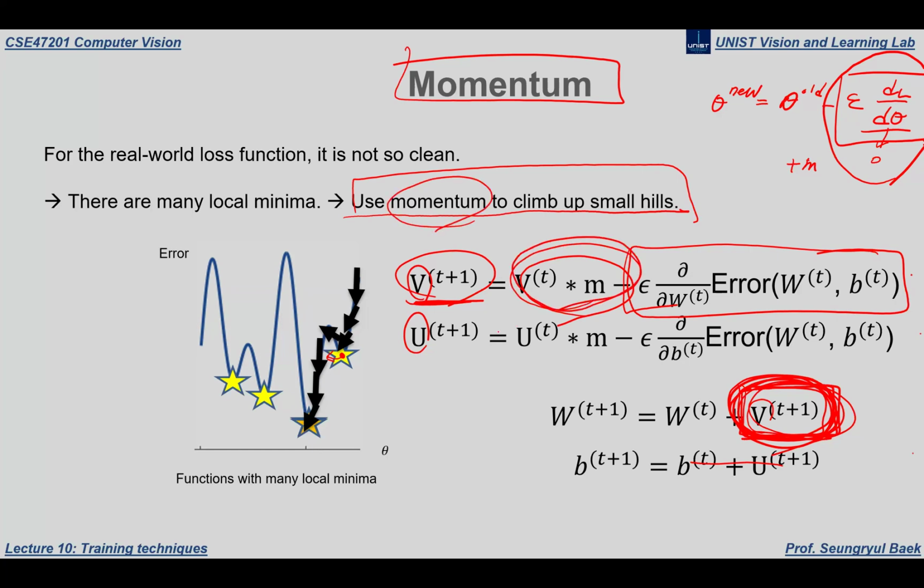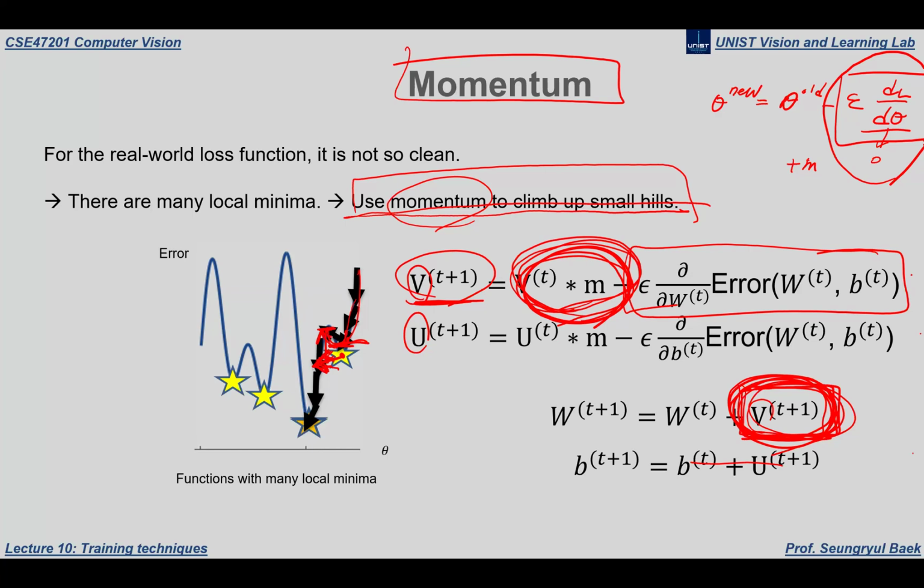So we call this type of accumulated information momentum, and use it to climb up a small hill. So this is called a small hill, okay? Using this term, they can go in this direction anyway because previously they were going in this direction.